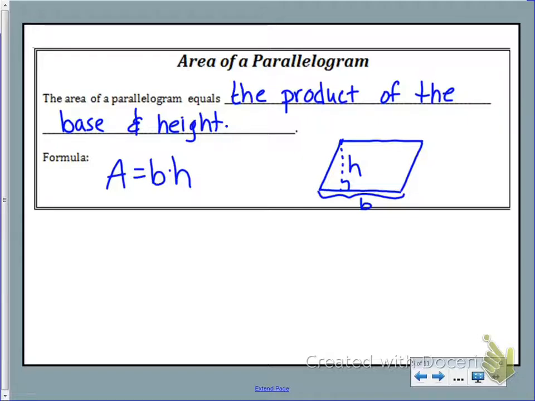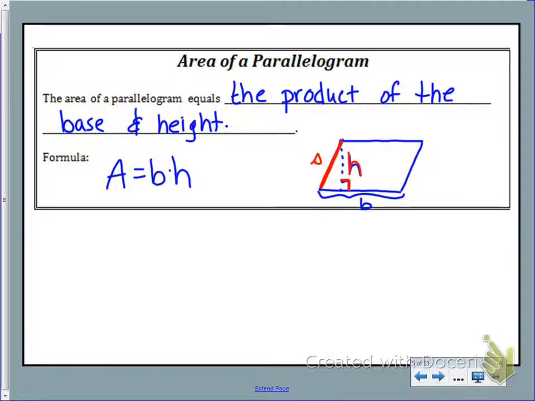One thing I want you to keep in mind is when you're calculating the area of any figure and you're dealing with a height, the height has to make a right angle or be perpendicular to the base. That's really important. So if we look here, for example, this length, that's a slant height. So we could not put this length into the formula.